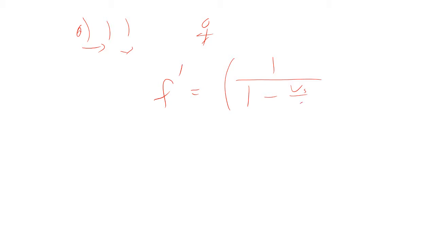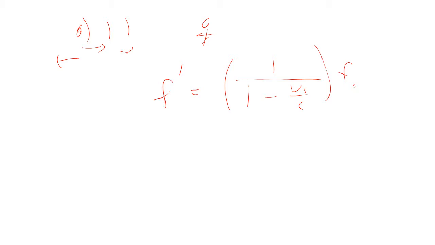Now, that would be if the object were coming towards you. It's coming towards you, and you get a shorter wavelength, so the frequency that you hear is going to be f naught divided by 1 minus v_s over c. What if it were going away from you?